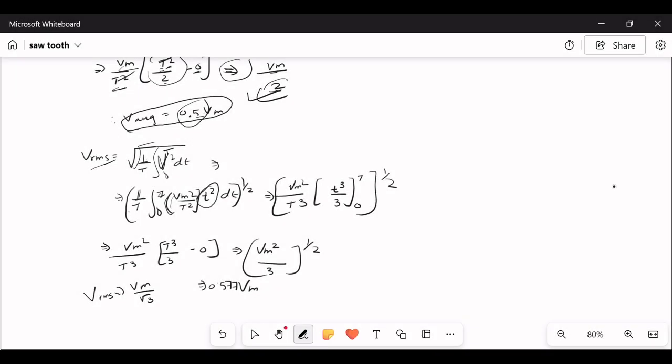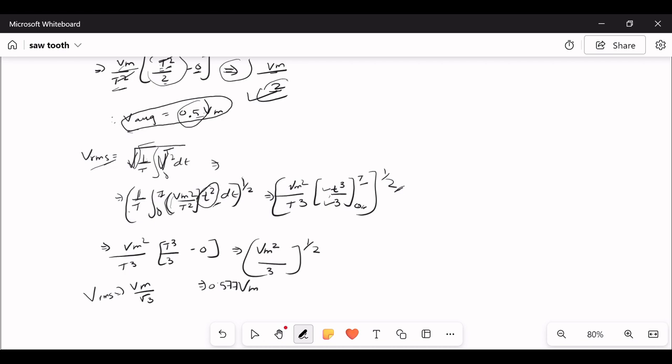This 1 by 2 is in the form of a root, so I write 1 by 2 in the power. When we integrate this t square, it becomes t cube by 3, from 0 to T is the integration time period, and 1 by 2 is the root over.